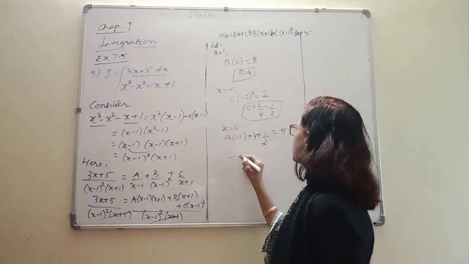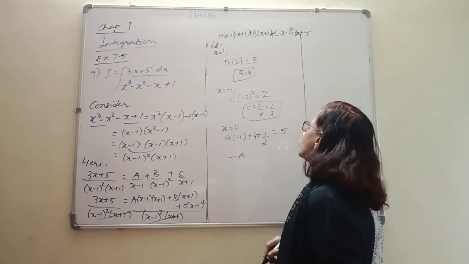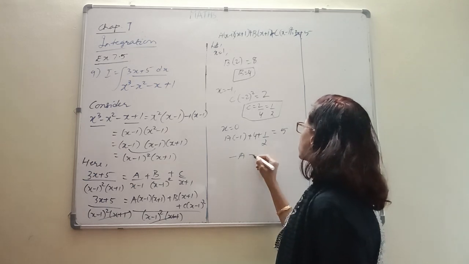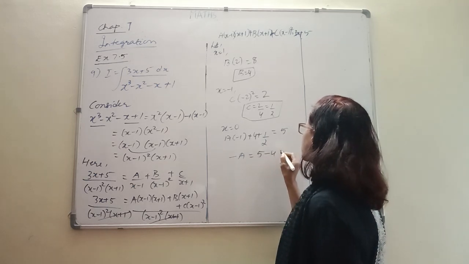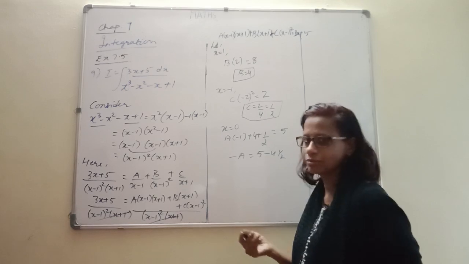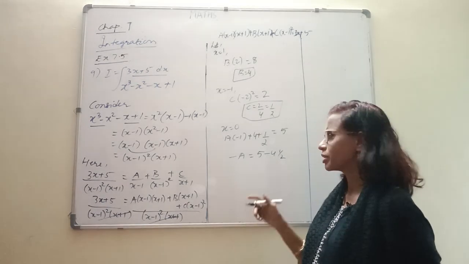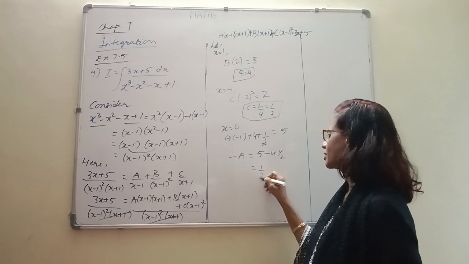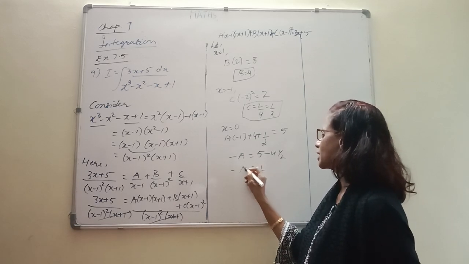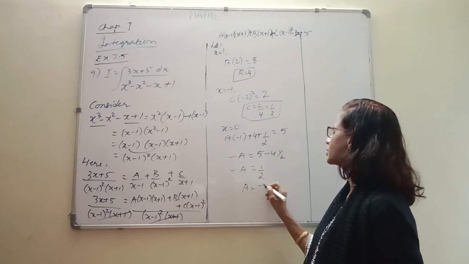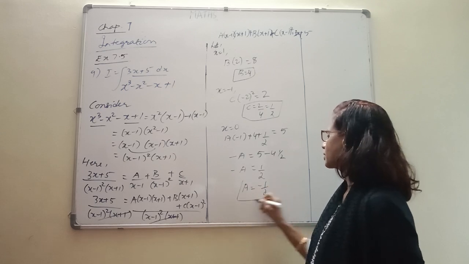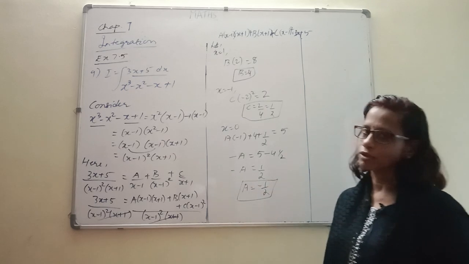So it's negative a plus 4.5 equals 5, so negative a is 5 minus 4.5, which is half. So negative a is half, a is negative half. So you've got all the three values.